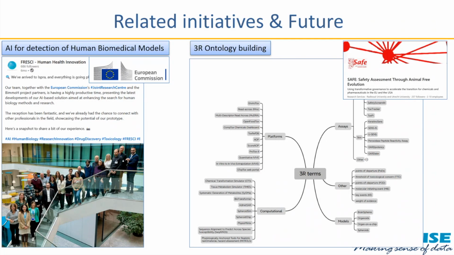And we are working in that project on an ontology for specifically, well, maybe 3R is too narrow. NAMs could also be a good term here, but what are the assays, what are platforms, what are cell types, etc., that are typically being used in this field of research? How do these terms relate?